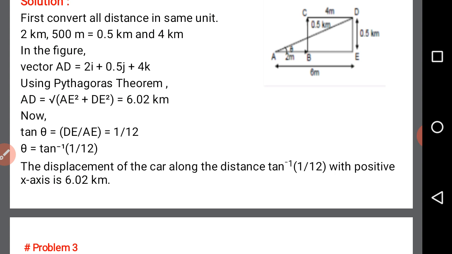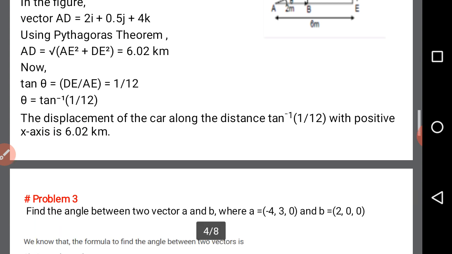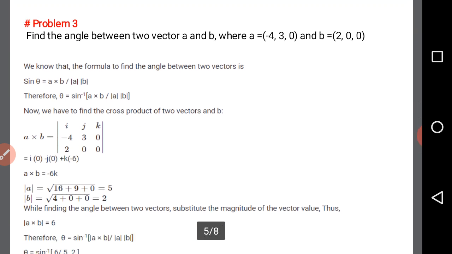So tan inverse of 1 upon 12 is the angle, and the displacement of the car is 6.2 kilometer, positive, along positive x-axis.